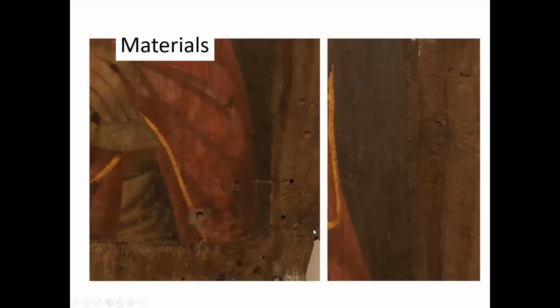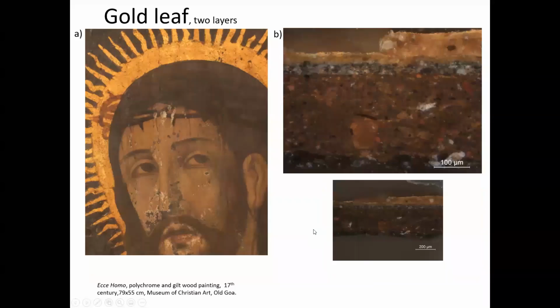In terms of materials, we could understand that we have gold leaf applied in 2 layers. You can see here a first older layer, and then a second layer of gold leaf.